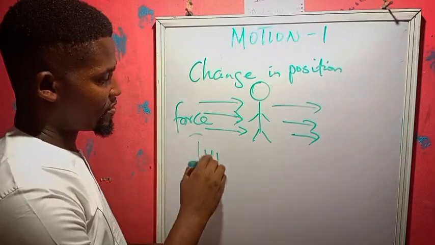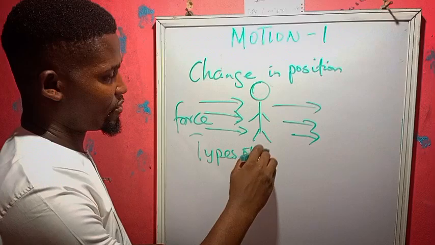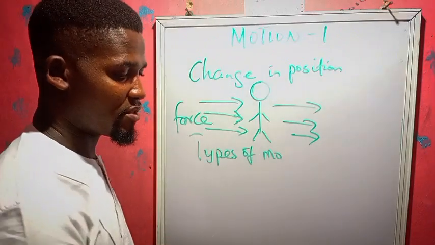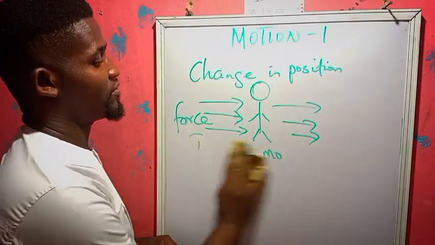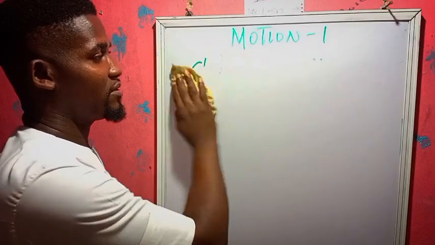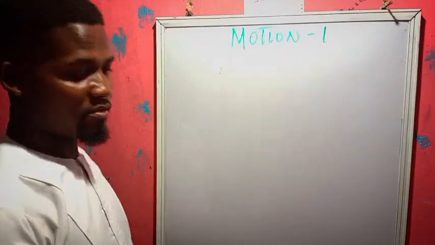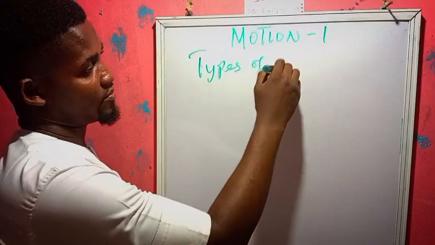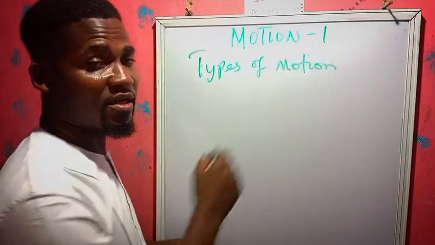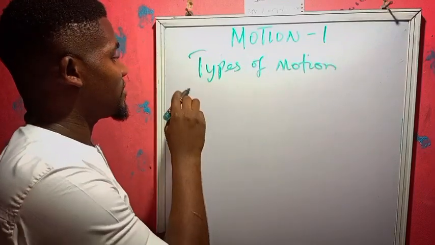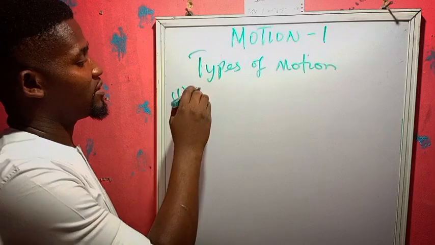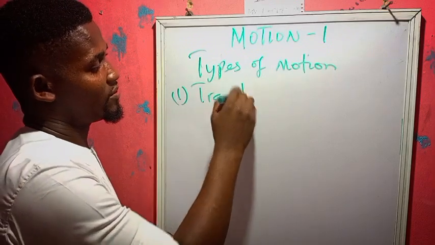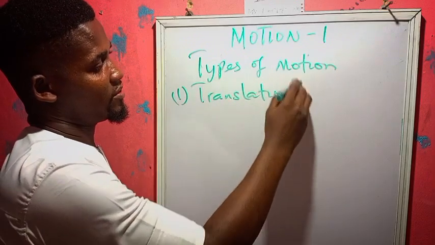Types of motion. Let me just wrap this up, so I'll write that above for us to see. Motion is the change in position of an object. Then what are some types of motion? We have one, translational motion.